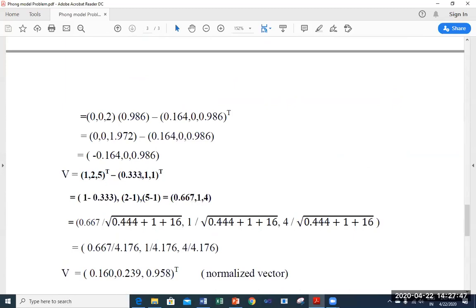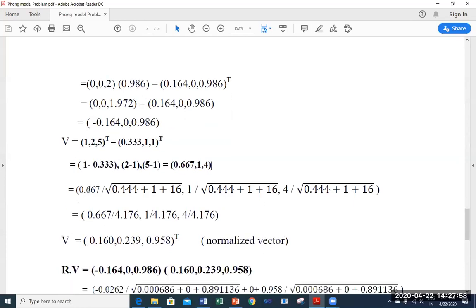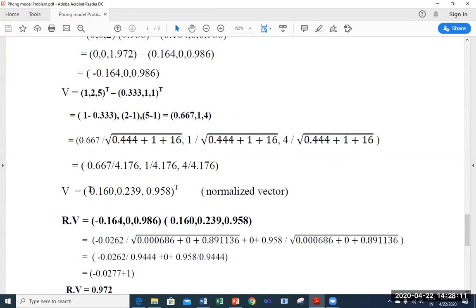So 1 minus 0.33, 2 minus 1 and 5 minus 1, you will get this value. Again convert it into a normalized vector. So a divided by root of a square plus b square plus c square, 1 divided by root of a square plus b square plus c square, plus 4 divided by root of a square plus b square plus c square. So you will get the viewer value as 0.160, 0.239, 0.958.